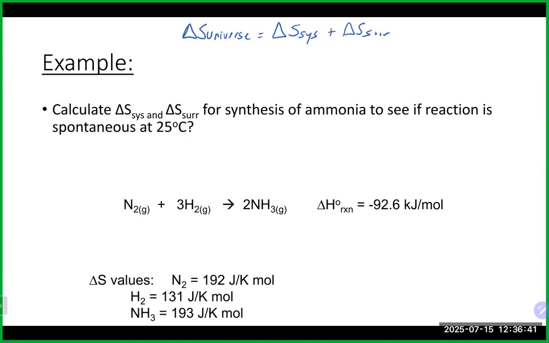So we'll start with our system here, our reaction. And again, that's going to be our products minus our reactants. So starting with our products here, we have 2 times the value. If it wasn't given to you, you'd find it in a table, 193 joules per Kelvin per mole. That's going to take care of our products. That's going to be minus our reactants. 1 times our N2 value there, 192.